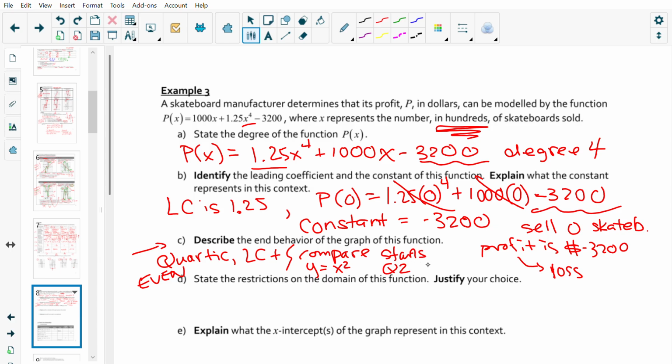It opens up, so starts quadrant 2, ends quadrant 1. Starts quadrant 2, ends quadrant 1, okay?